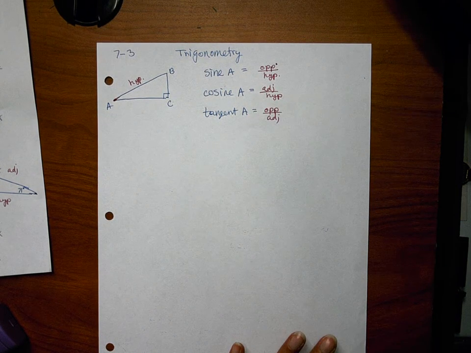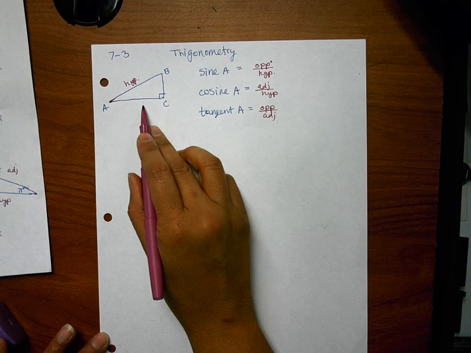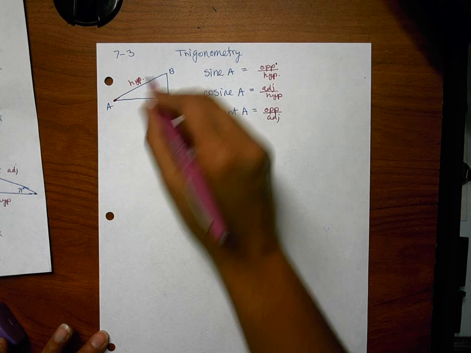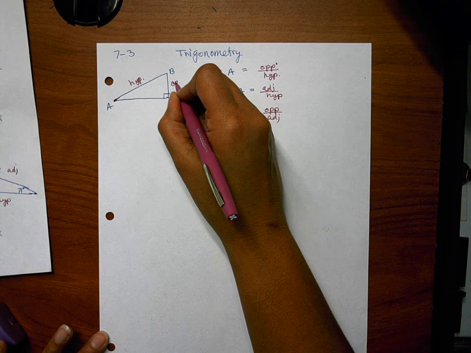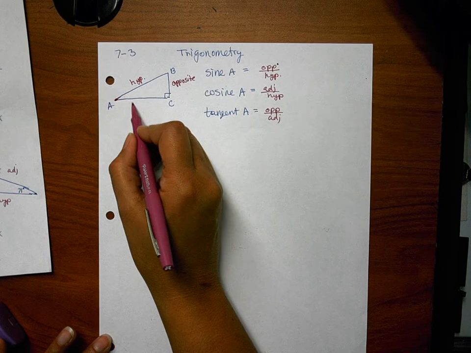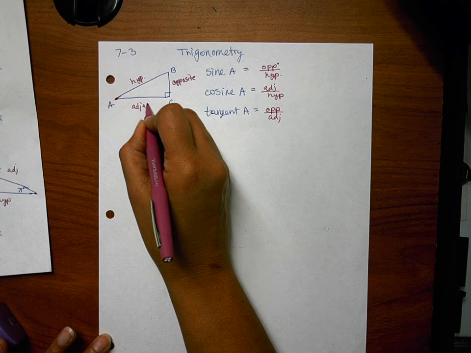Always, so you don't have to worry about that one. Opposite versus adjacent. Opposite, you go across from it, does not share the angle A. So the BC is the opposite. Adjacent is next to it, shares the angle A with it. So AC is the adjacent.